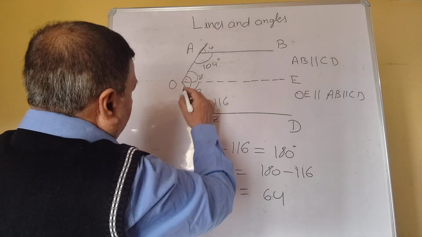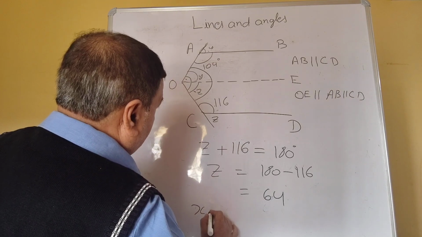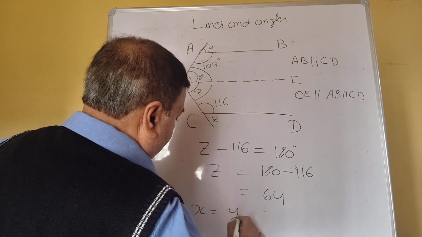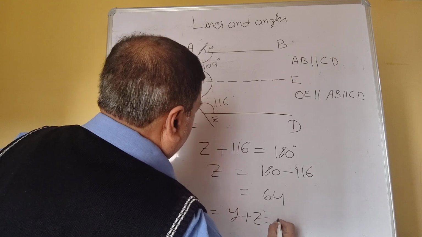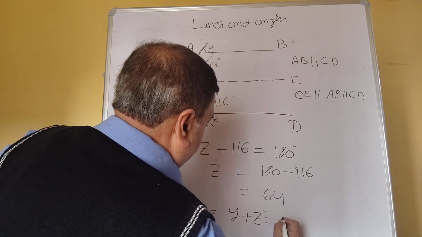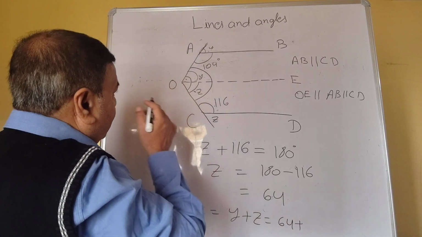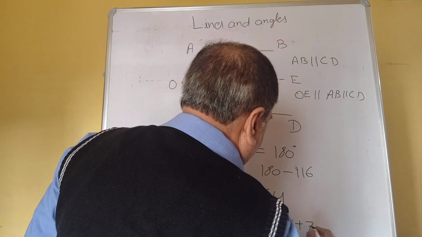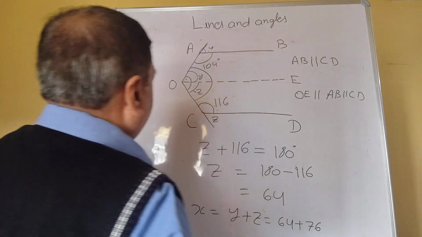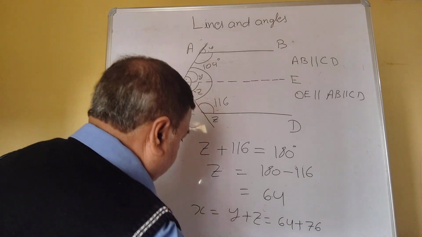Now we need to find this X, which was given to us. So X is equal to Y plus Z. So it is 64 and 76, it was 76. Yes, 80 minus 4 is 76.